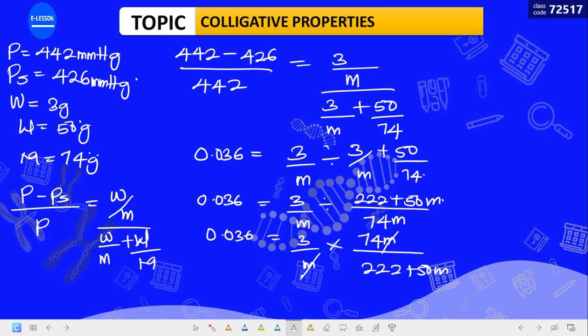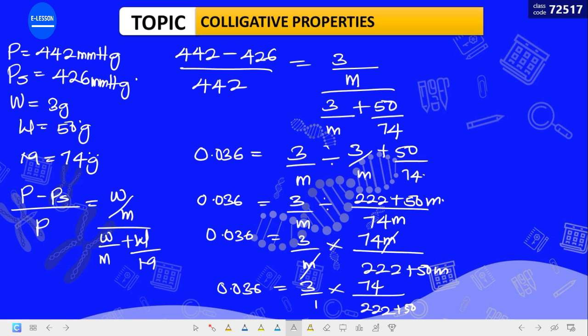Now M cancels M. So we have 0.036 is equal to 3 divided by 1 times 74 divided by 222 plus 50M. 74 times 3 is also 222, right?